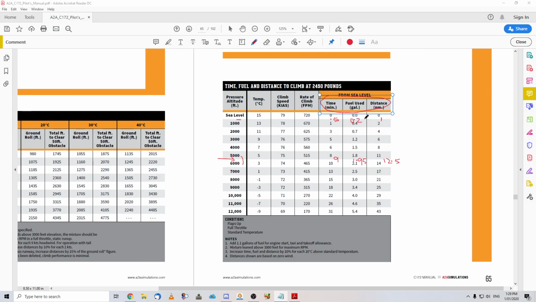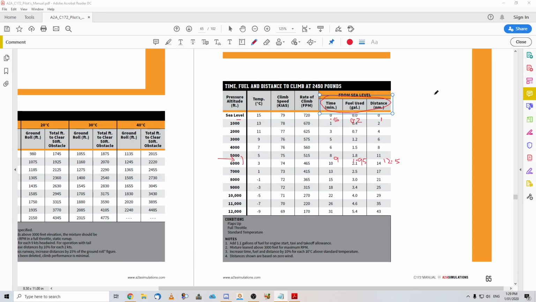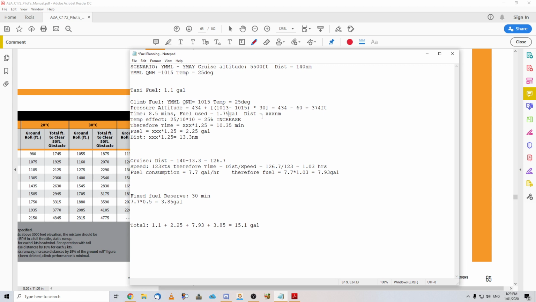For the fuel, 1.95 subtract 0.2 is 1.75 gallons, and for the distance, 12.5 subtract 1 is 11.5.